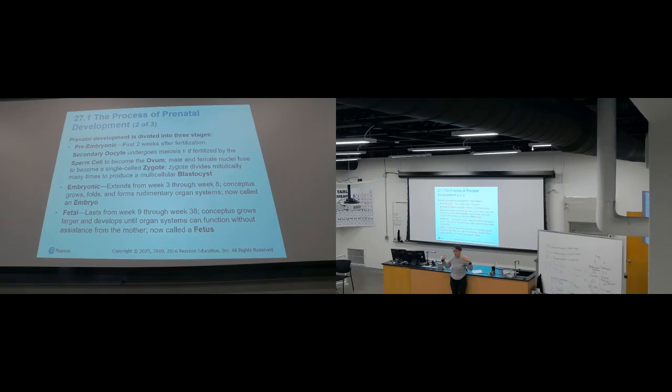This 4-cell stage divides, and then you will have 8 blastomeres. 8 blastomeres will divide, will form 16, 16 will form 32, 32 will form 64, 64, 128, 256.